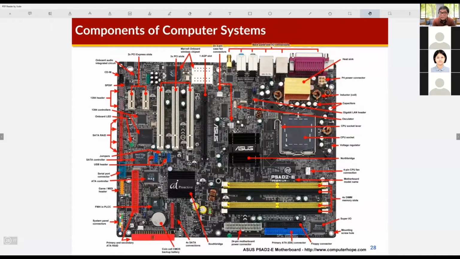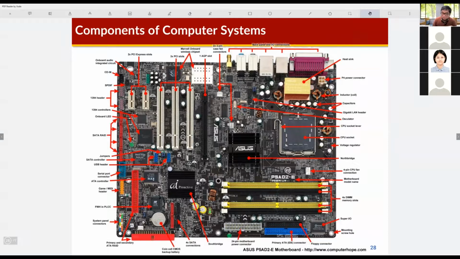So let's see this figure. This is the main board of a computer system, like the main board of a desktop computer. But actually this figure shows a very old type of mainboard of a desktop computer. I copied this figure from the ASUS homepage.